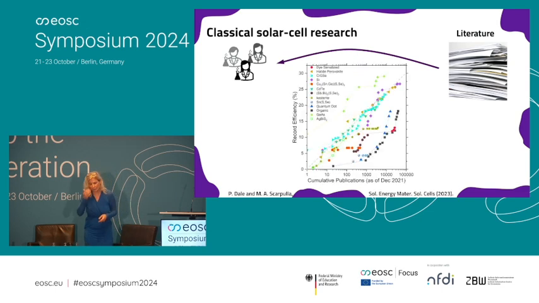I would like to show you also a graph, again, that shows the solar cell efficiency, but not in terms of years, but in terms of publications that we have. So if we have reached 100,000, there's no way that any researcher on this planet can keep all this information in their heads. So we have to get organized here, right?